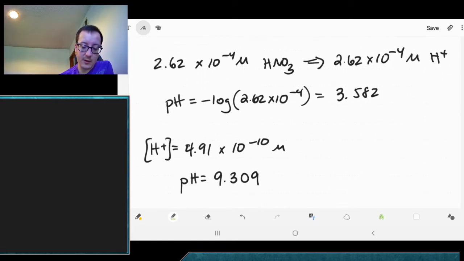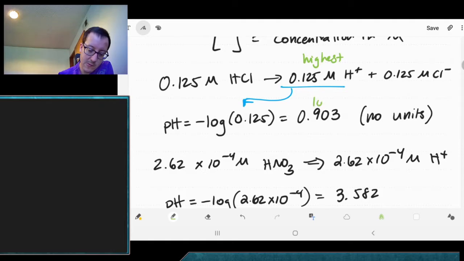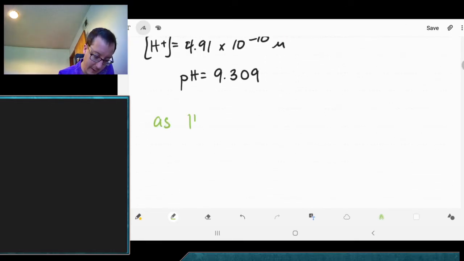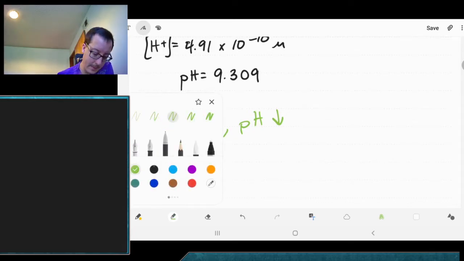And we see we in fact have our lowest pH for that same value, which tells us that as H plus increases, pH decreases. So they are opposite scales to each other.